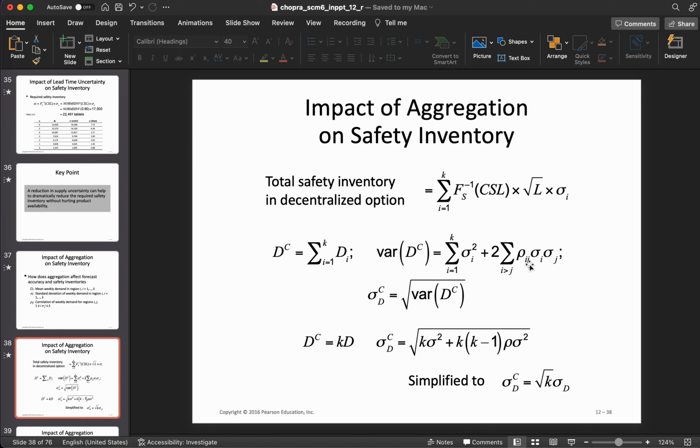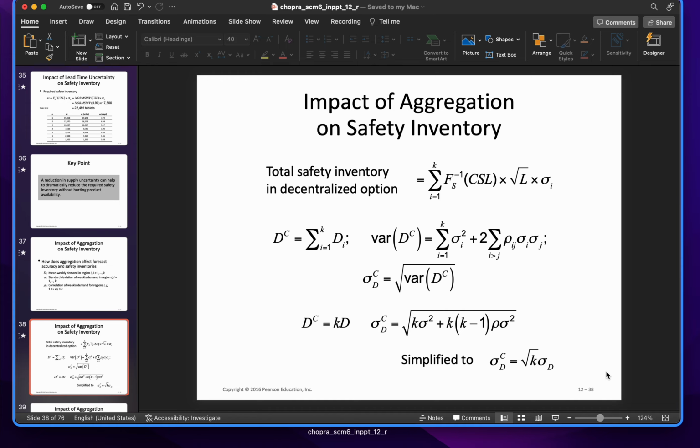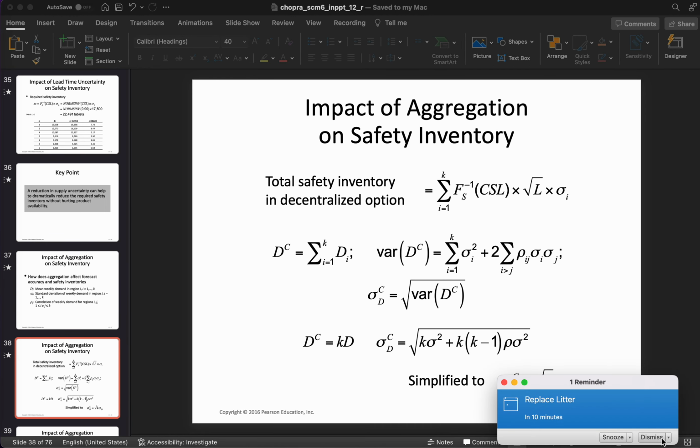With correlation, you multiply the correlation and the corresponding standard deviations, add them all up and multiply them by 2. Why this multiplication by 2? This is basically like (a plus b) whole squared. That's where we get all of these ideas from.